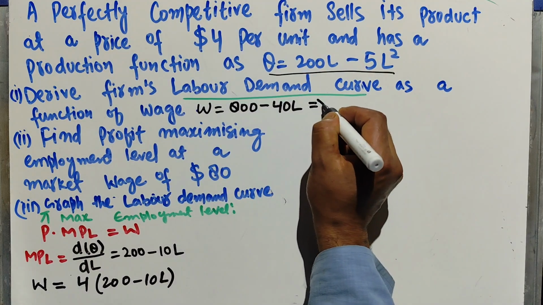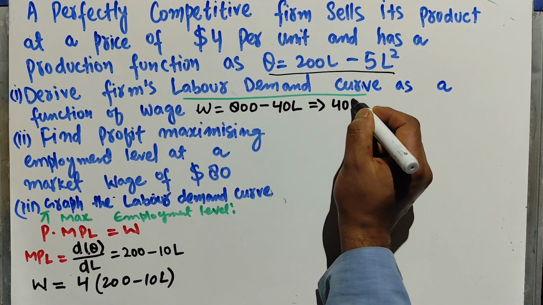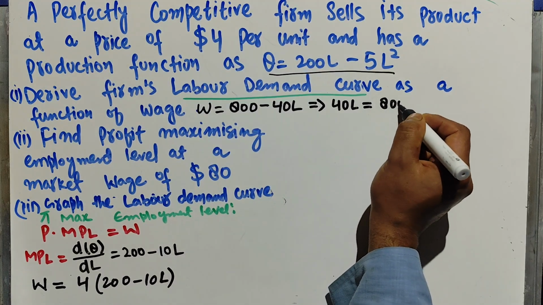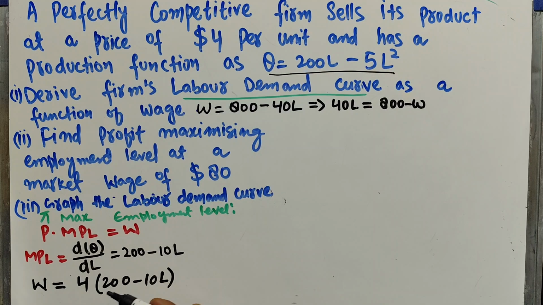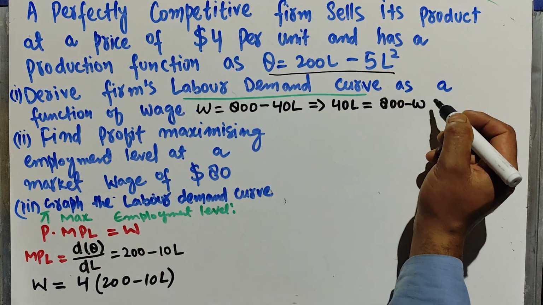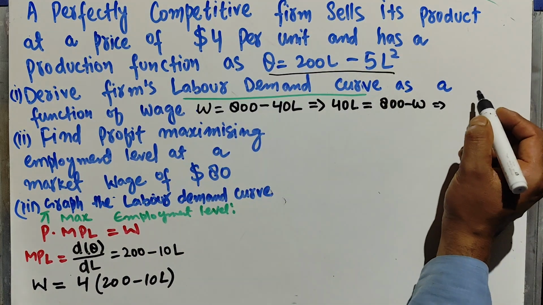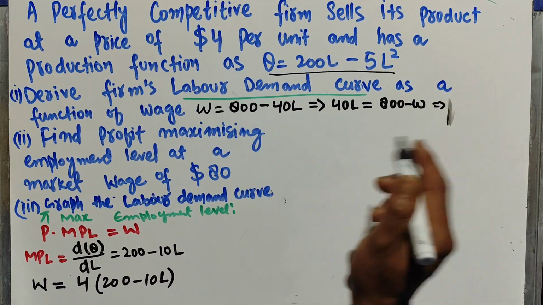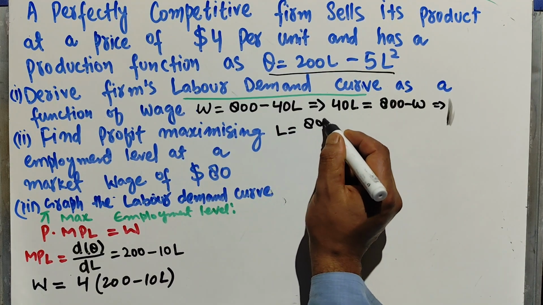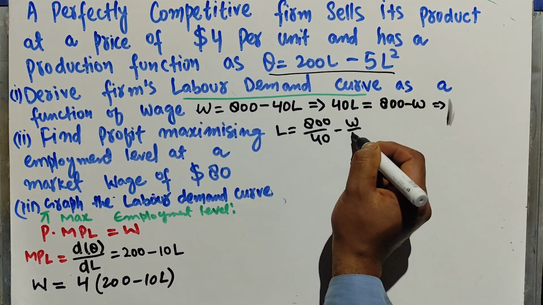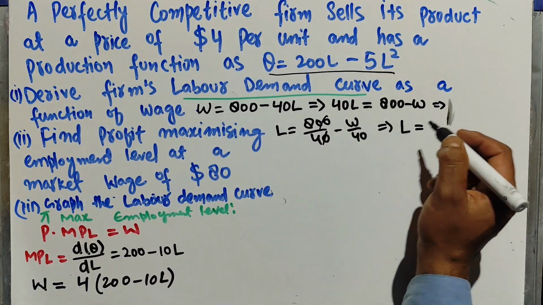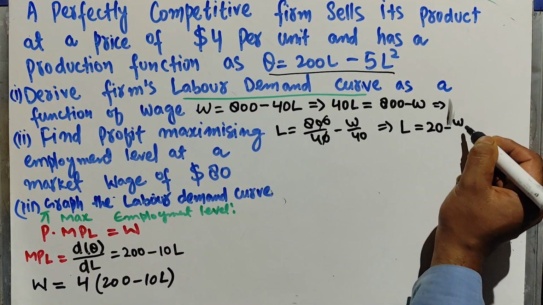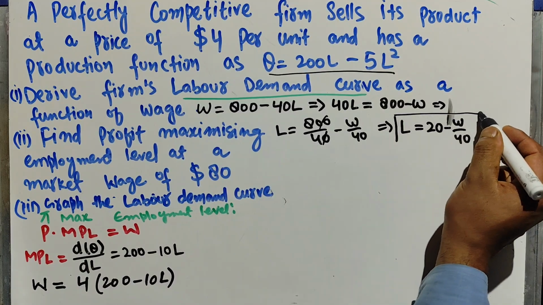Let us solve this for L: 40L = 800 - W. Dividing both sides by 40, L = 800/40 - W/40, which gives L = 20 - W/40. This is our labor demand curve.